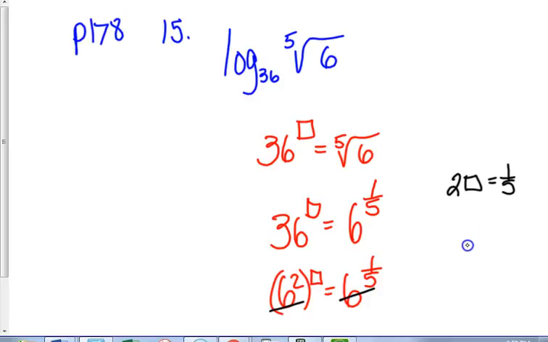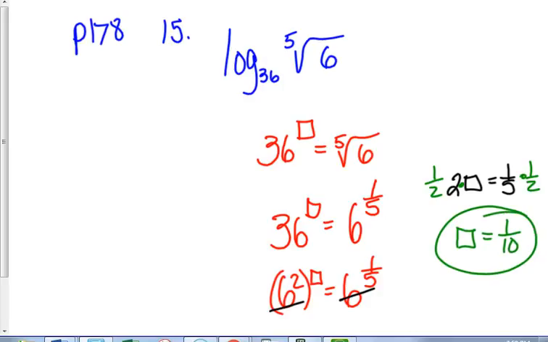Yes? 1 over 10, yeah. Because we need to get rid of this, we need to do half of each side. So we get 1/10. I didn't put one like that on the quiz because everybody got it wrong last year without a calculator.